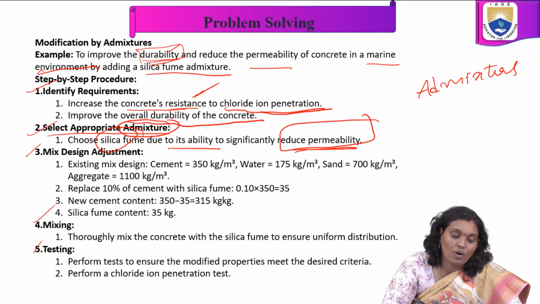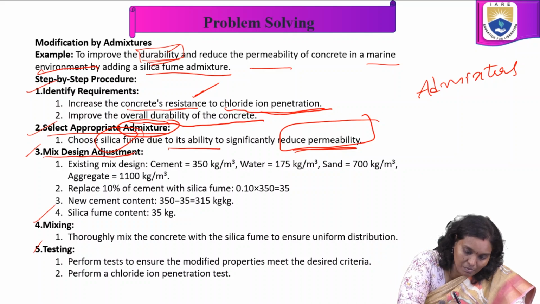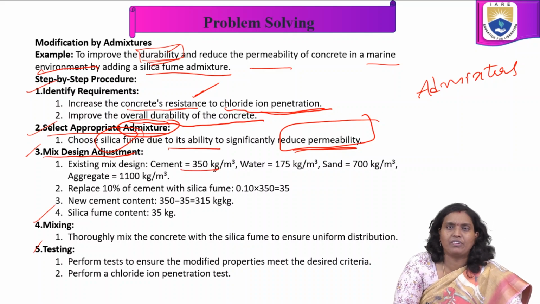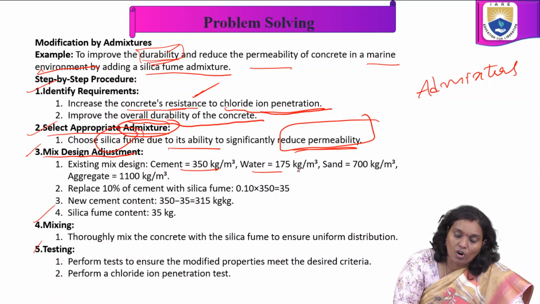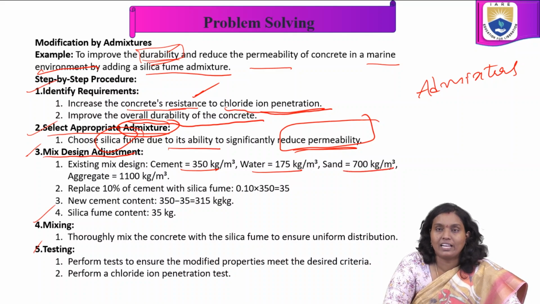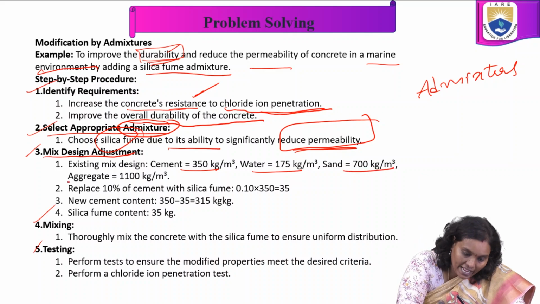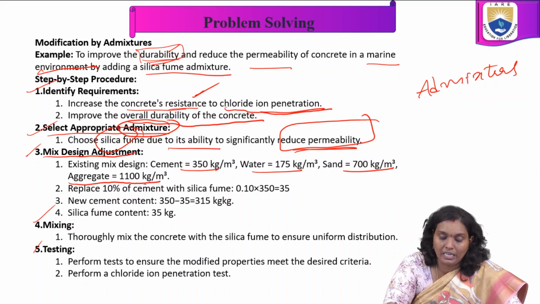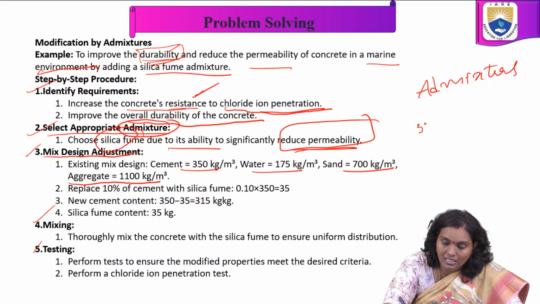Now move on to the mix design adjustment. In the existing mix design, the cement is 350 kg per meter cube, water is 175 kg per meter cube, sand is 700 kg per meter cube, and aggregate is 1100 kg per meter cube. In this, cement is 350, sand is 700 and aggregate is 1100.